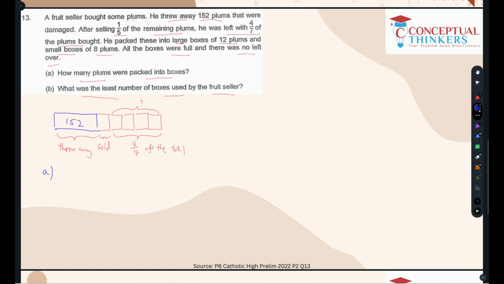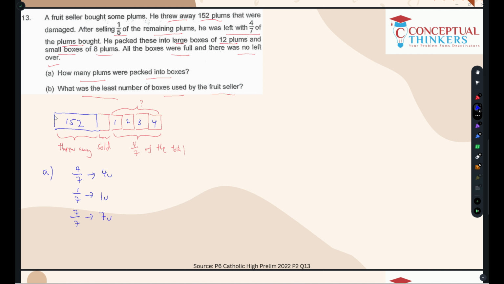To do that, we rely on the 4/7 of the total. 4/7 represents 4 units. This means 1/7 of the total will represent 1 unit by dividing by 4. Then we get the total by looking at 7/7, so we're going to get 7 units.